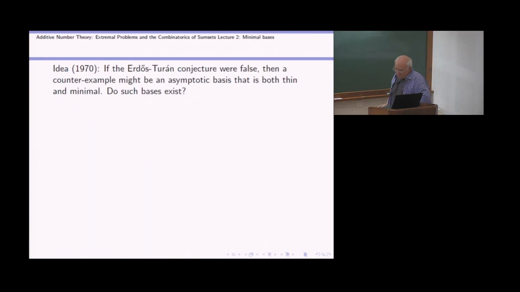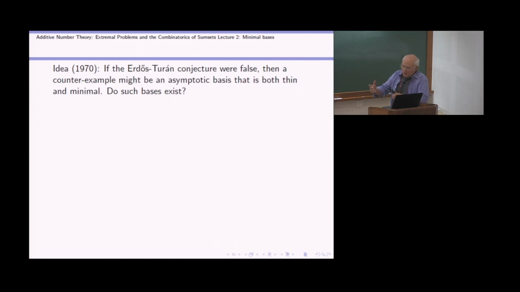So 50 years ago, this was the idea. I wanted to prove the Erdos-Turan conjecture. There are two possibilities: it's true or it's false. Everyone tried to prove it was true. So if it were false, what would be a possible counterexample? You might try to find an asymptotic basis A that has uniformly few representations.